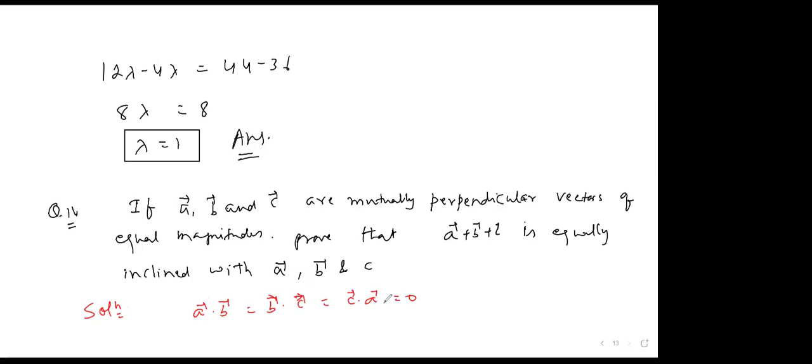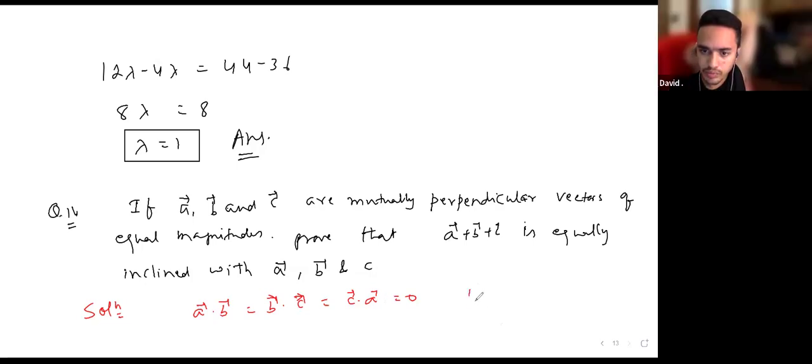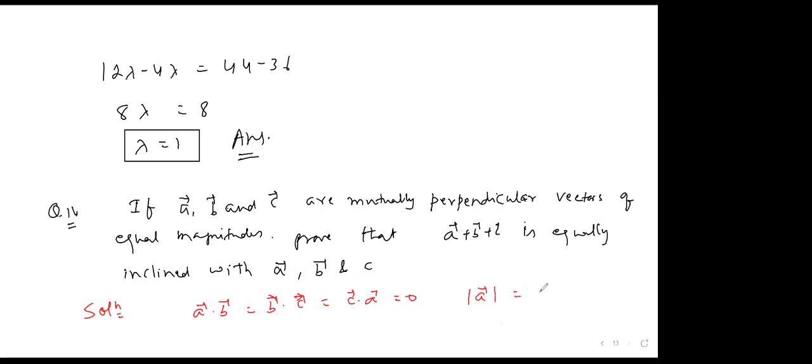If two vectors are perpendicular to each other, then their dot product is 0. And they have equal magnitudes, means you have been given magnitude of A equals magnitude of B equals magnitude of C. You have to take the dot product and you need to prove that they are equally inclined.